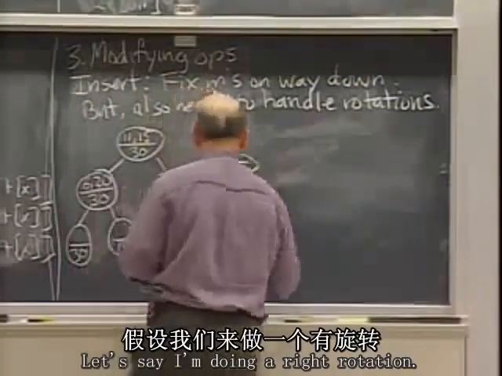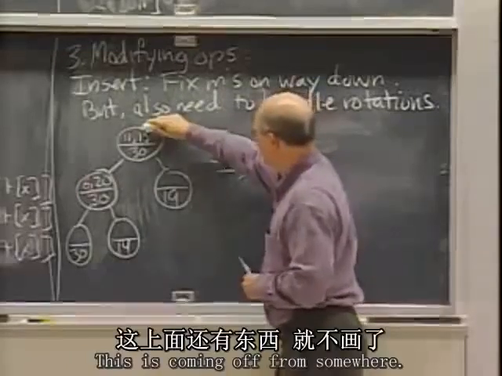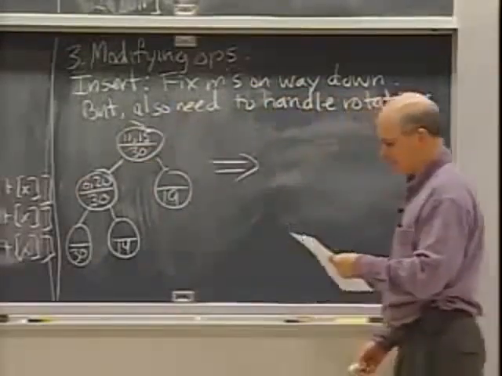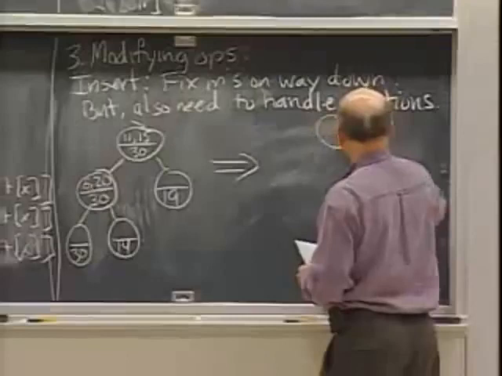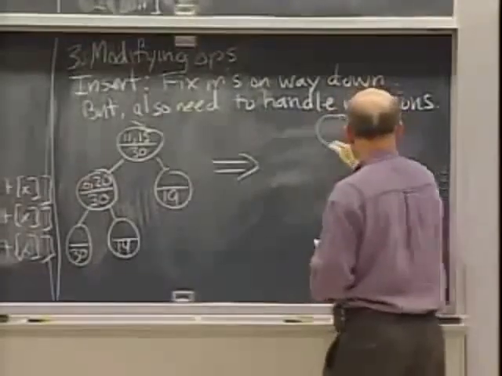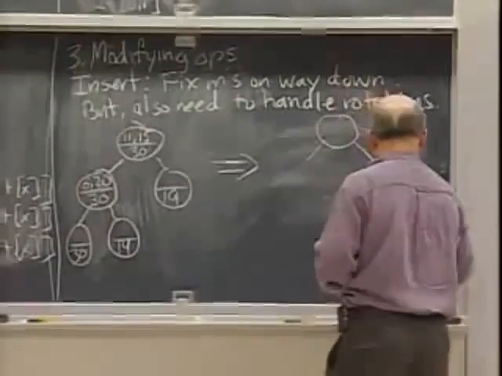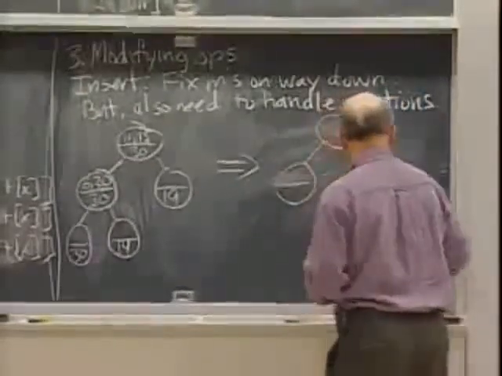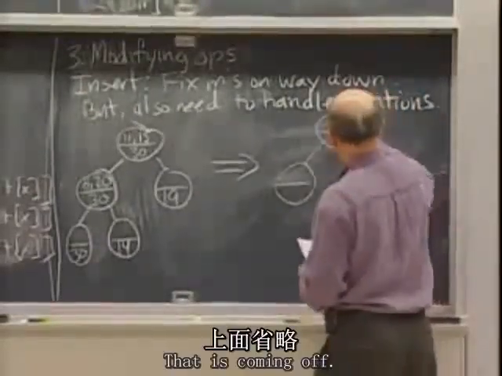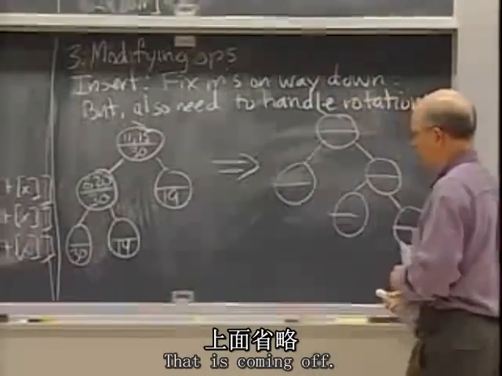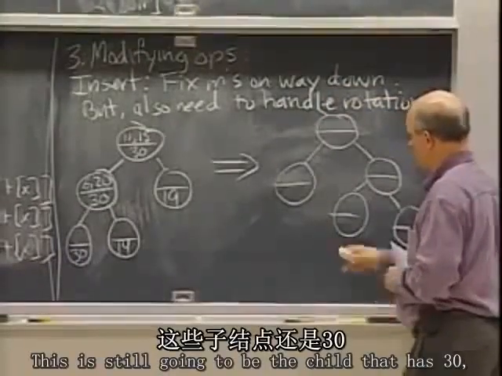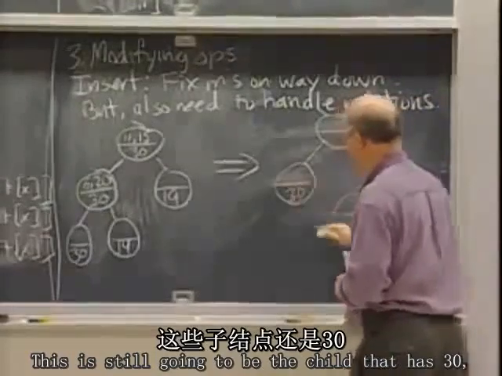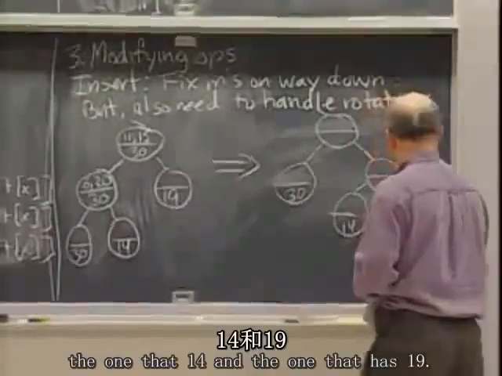Let's say I'm doing a right rotation. This is coming off from somewhere. So this is still going to be the child that has 30, the one that has 14, and the one that has 19.